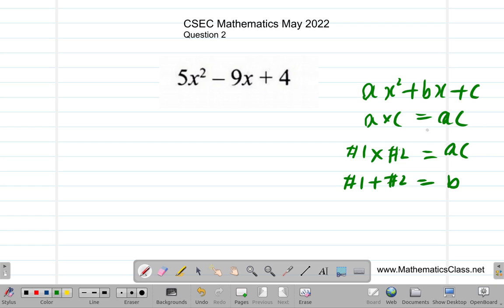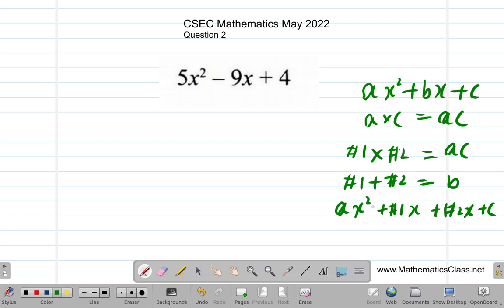So what you do is put your ax squared on the left, your plus c on the right. Since number 1 and number 2 add to give you b, and this is bx, you say plus number 1 x plus number 2 x. Number 1 x plus number 2 x will give you bx, because number 1 plus number 2 gives you b.